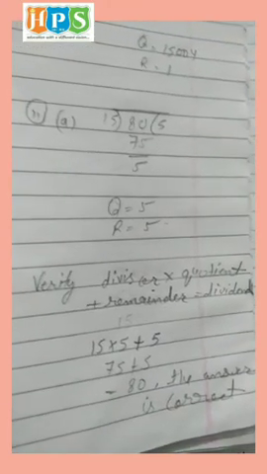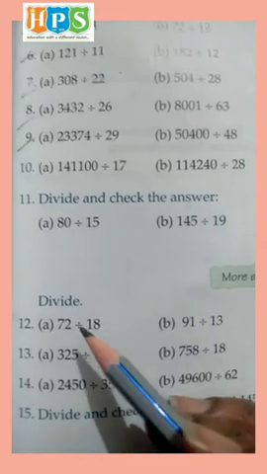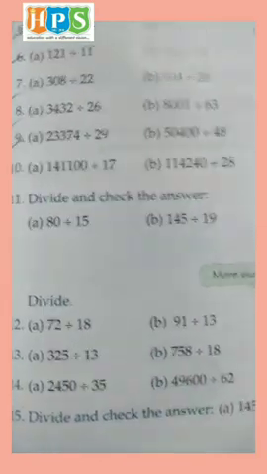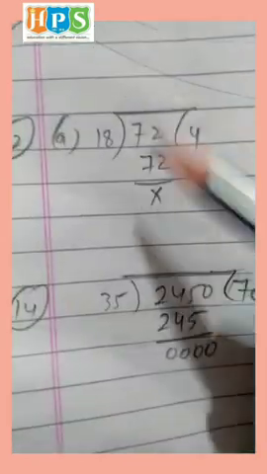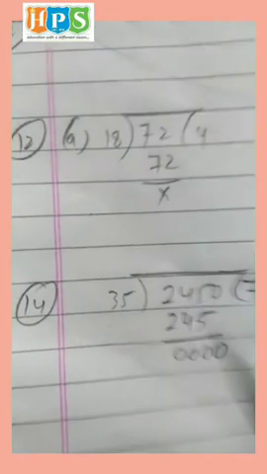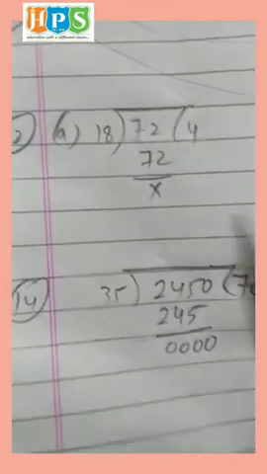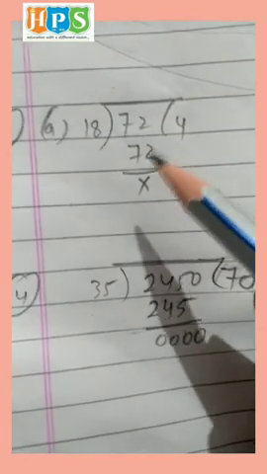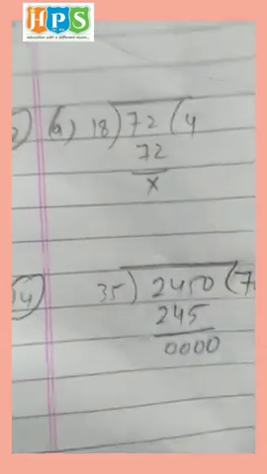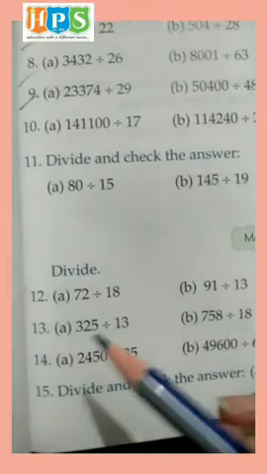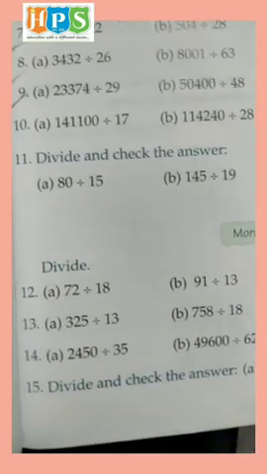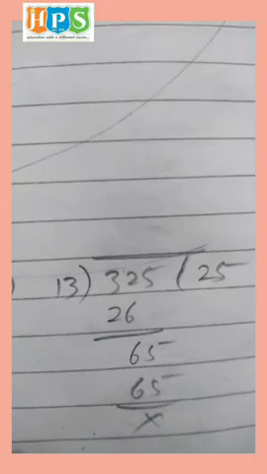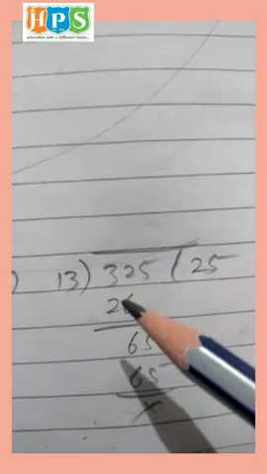Okay. Question 12a. 72 divide 18. 18 4s are 72. 4 5s are 20 and 72 minus 72, 0. Question 13a. 325 divide 13. 13 1 is 13, 13 2 is 26, 13 3 is 39.